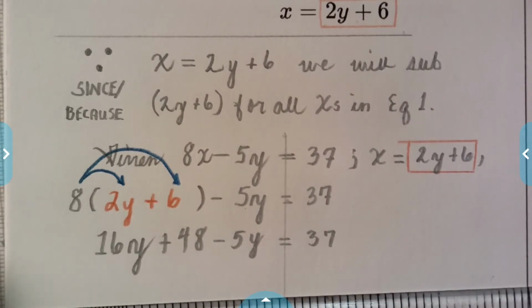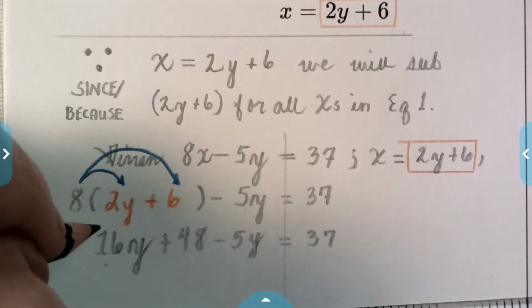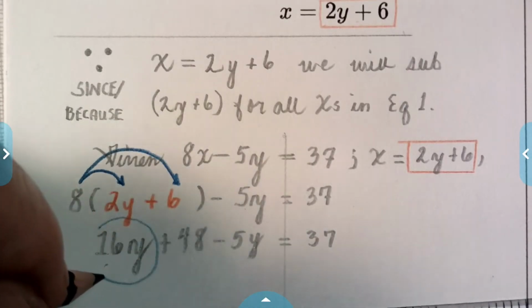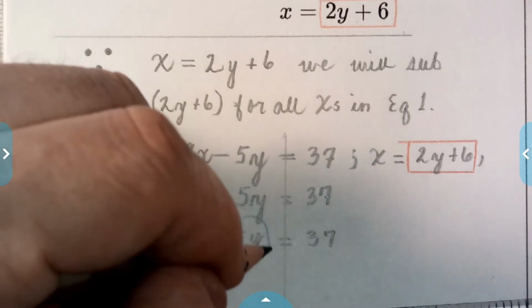Well, you can either combine like terms. In fact, let's just do that. So I've got like terms here. I've got 16y and negative 5y.